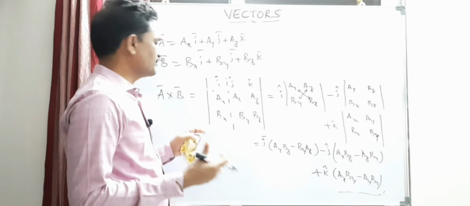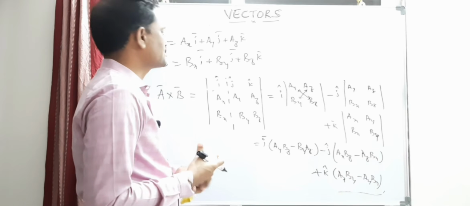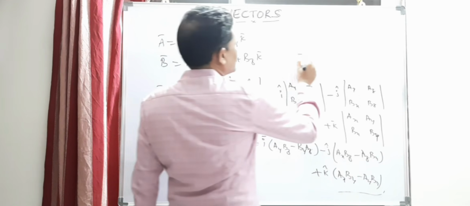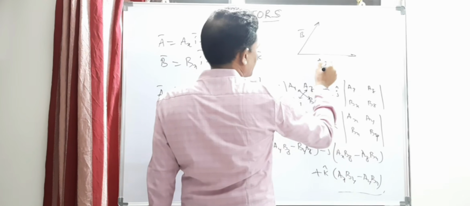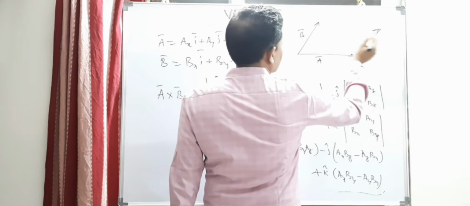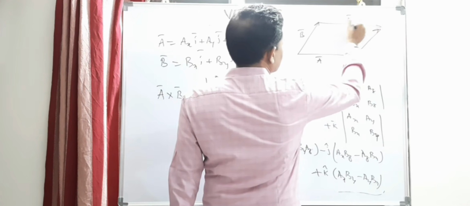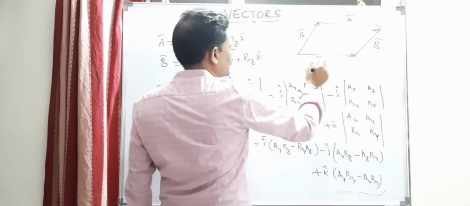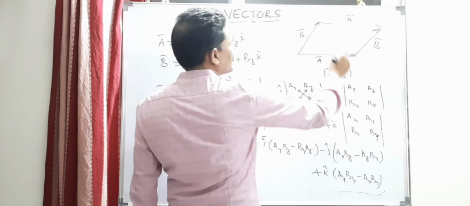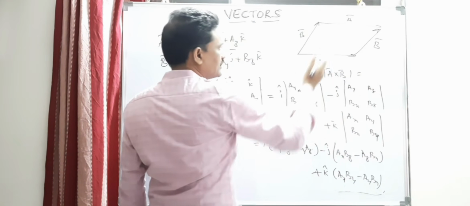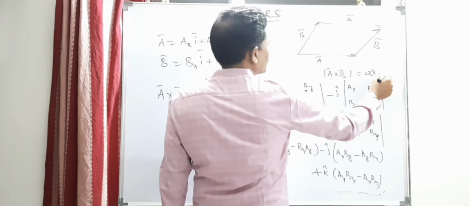Now, what is the significance of the cross product? If A and B are the two sides of a parallelogram, this is A, this is B, then the modulus of A cross B indicates the area of the parallelogram.